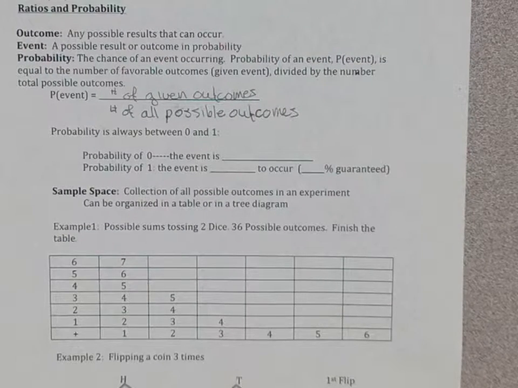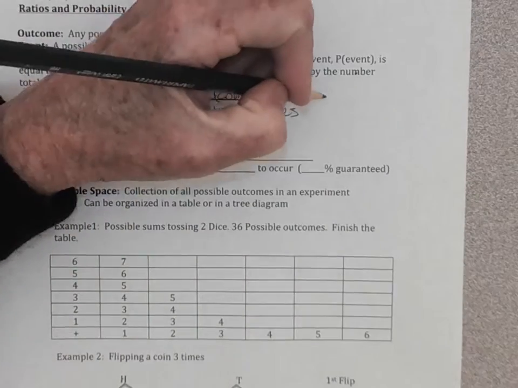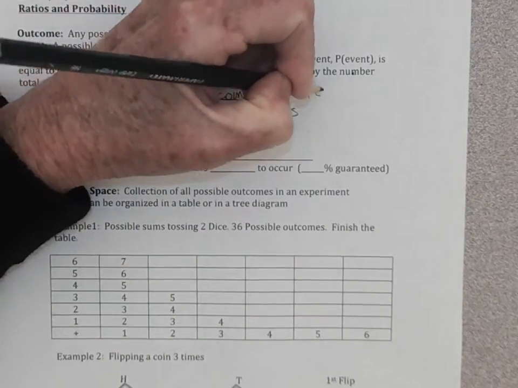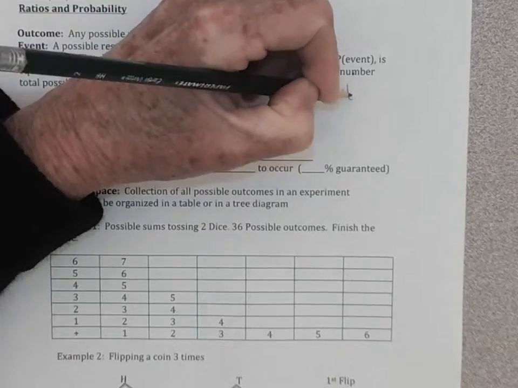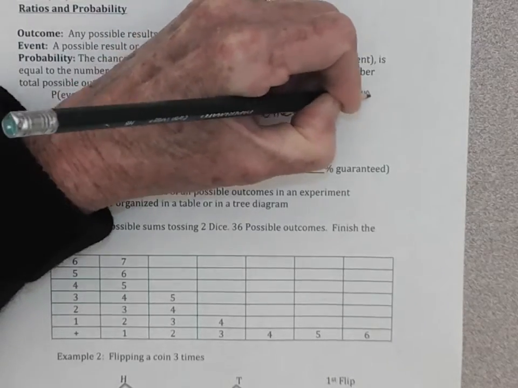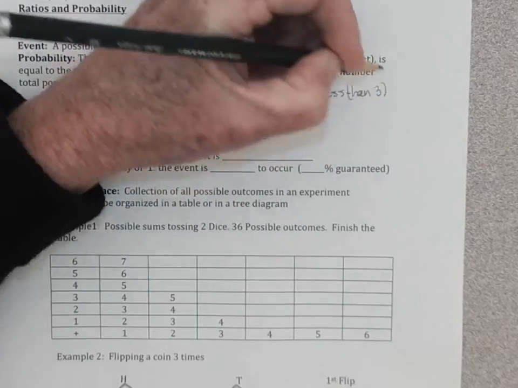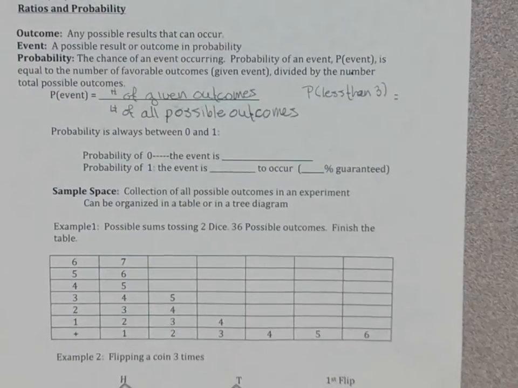So, for example, if we had a six-sided dice and we wanted to know the probability of getting a 1 or the probability of getting a number less than 3, then we know that on a six-sided dice, there's two numbers, 1 and 2.